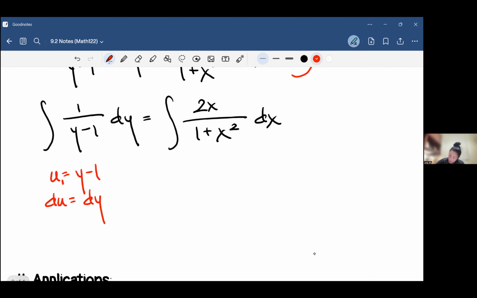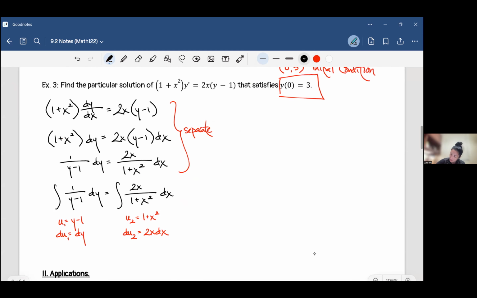Let's call this u1. On the right-hand side, I'm going to let u2 equal 1 + x², and my du2 is 2x dx. So I'm going to be able to substitute on the left-hand side with u1 and on the right-hand side with u2.